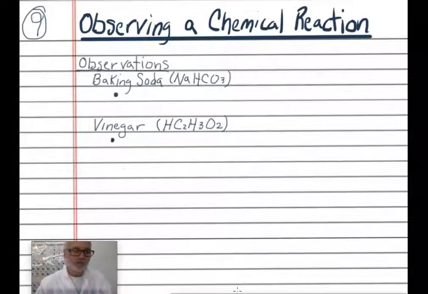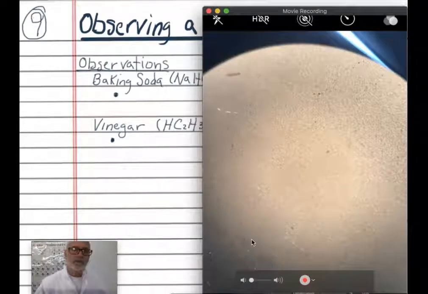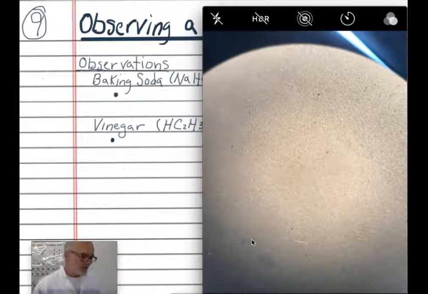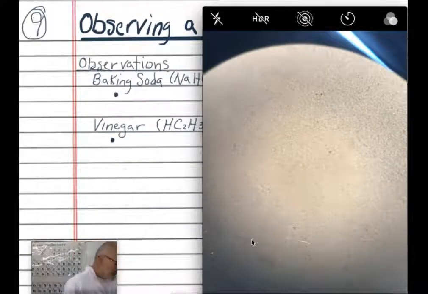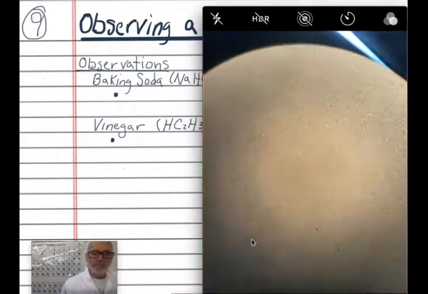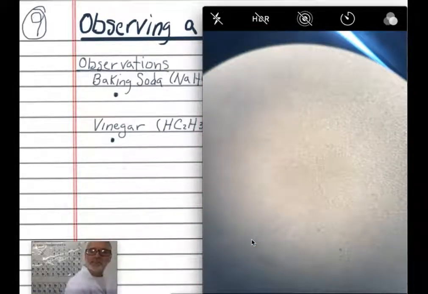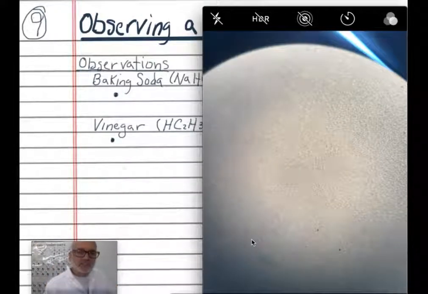Here is, underneath, I'll put my finger under here, our dissecting scope. Right now all you see is the bottom of the scope, and I'll focus it in a little bit. Notice you see that dotty texture of the bottom of the scope.